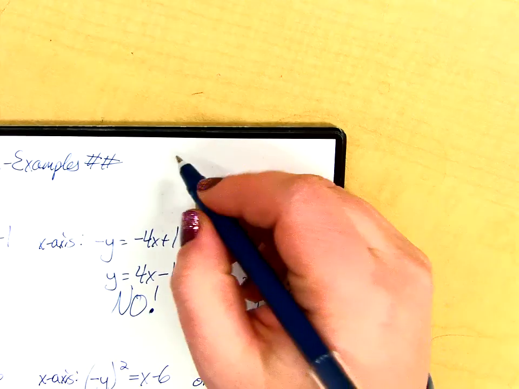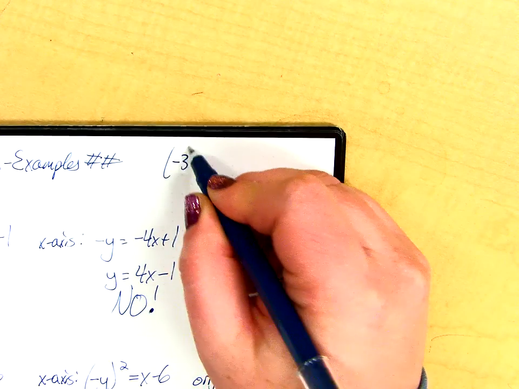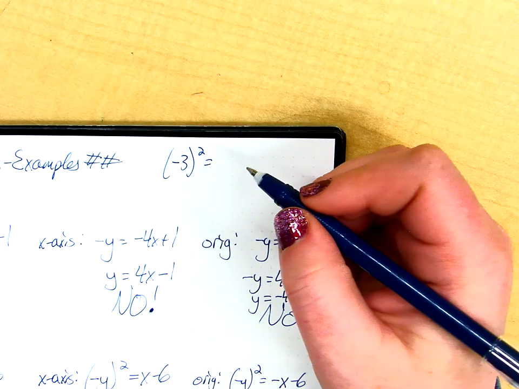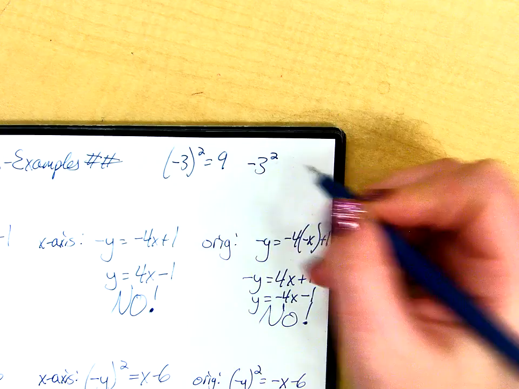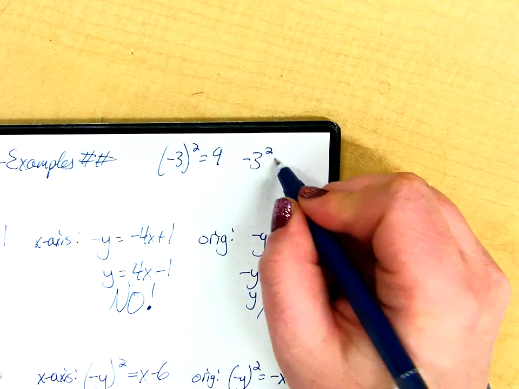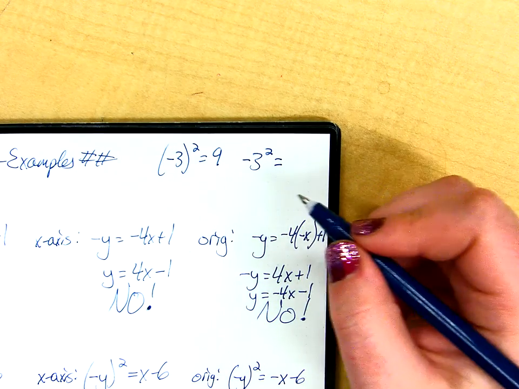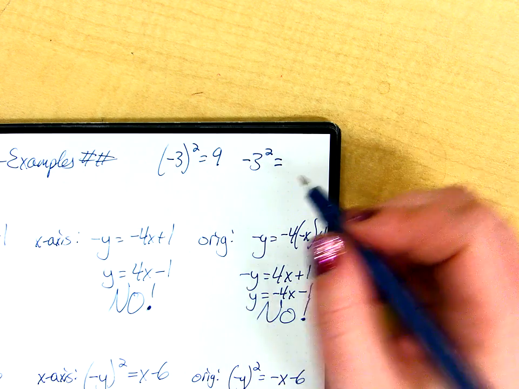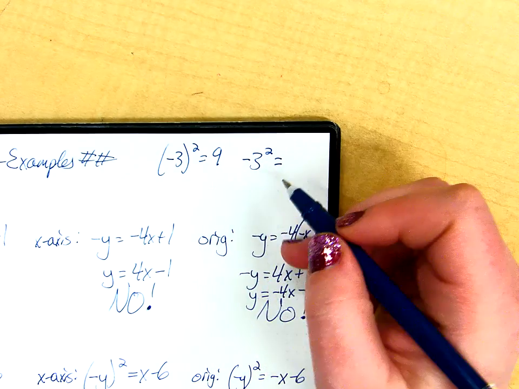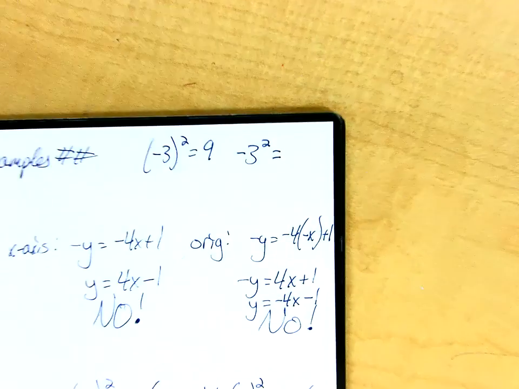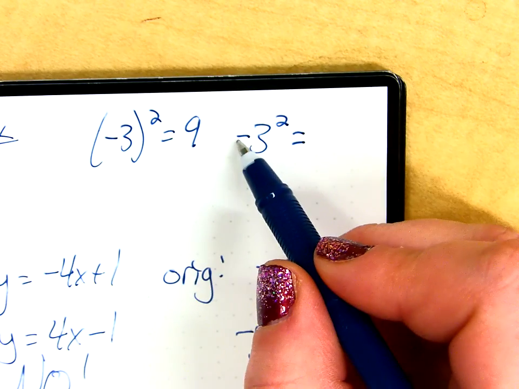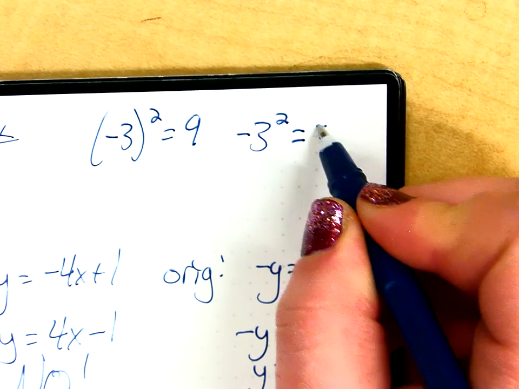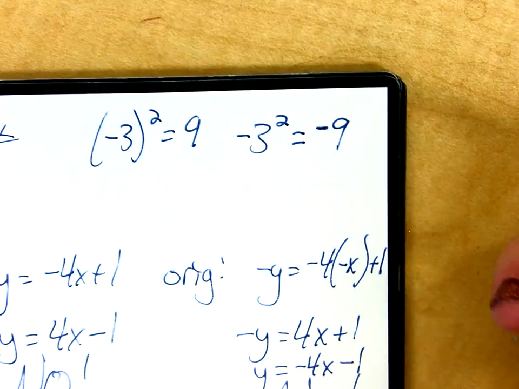If you have negative 3 and you square it, what's that? 9, right? This is very commonly mistakenly claimed to be 9, but it's not. That's negative 9. Because this notation, when you write it like that without the parentheses, this means to do 3 squared and then take its opposite. So that is negative 9.